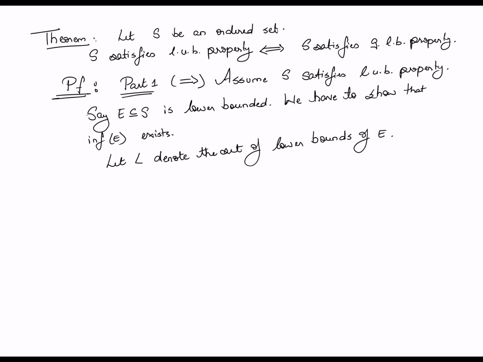The fact that E is lower bounded means there exists a lower bound, which means that the set L of all lower bounds of E must necessarily be non-empty. So clearly L is not empty. Moreover, every element of E is an upper bound of L.